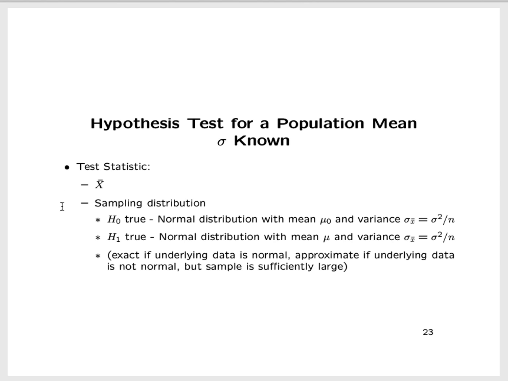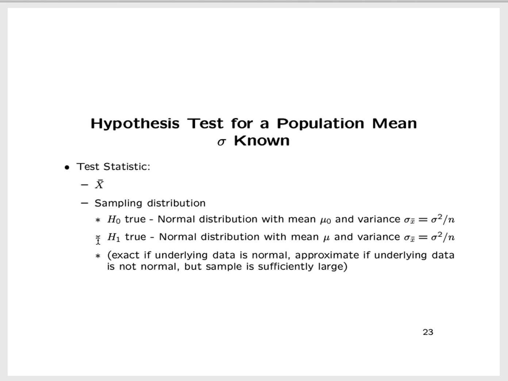And remember that in order to know how to come up with the rejection criteria, which we've already done, but I'm just summarizing this information, we have to know something about the sampling distribution of the test statistic. And so with a test statistic X bar, if the null hypothesis is true, then X bar will be normally distributed with a mean of mu sub 0 and a variance equal to sigma squared over n.